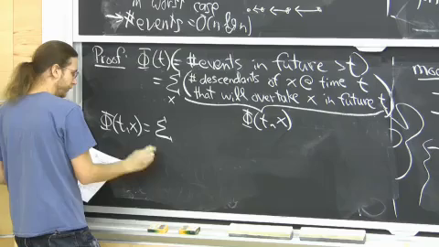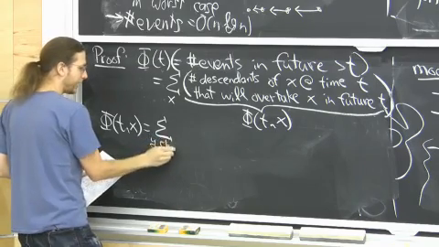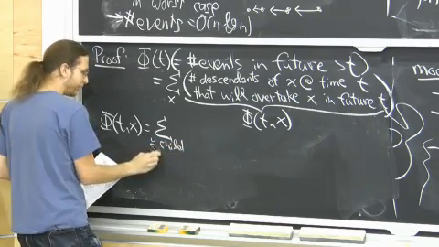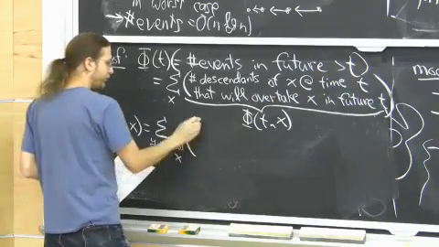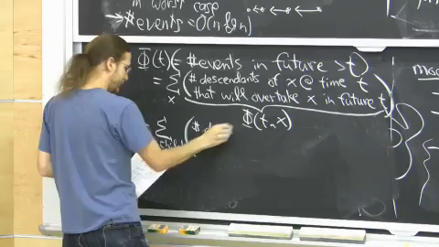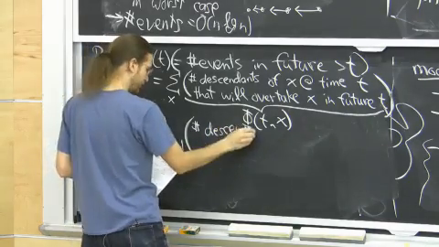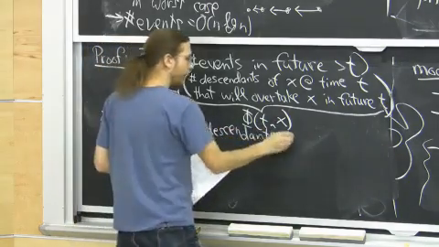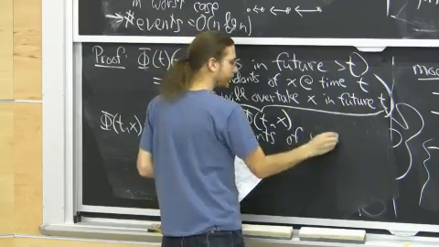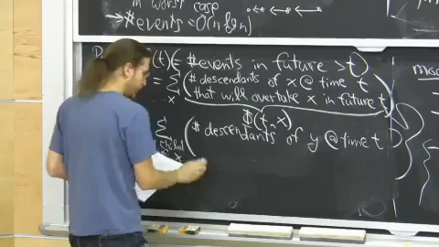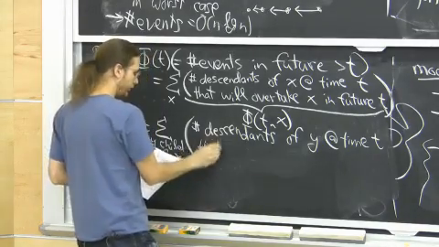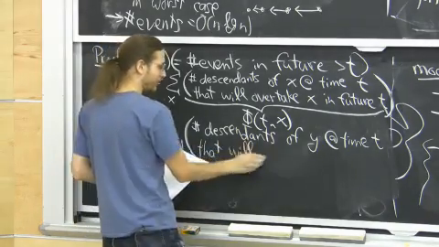I can also expand phi of t comma x in a simple way. It's kind of trivial, but if I look at each child of x, there's two of them, call that y, and then measure how many descendants of y at time t will overtake x.